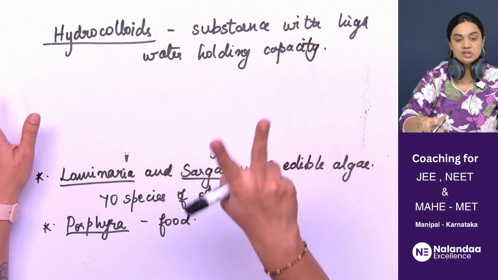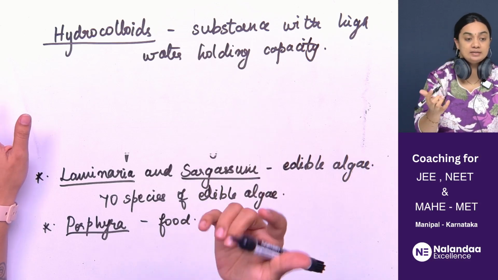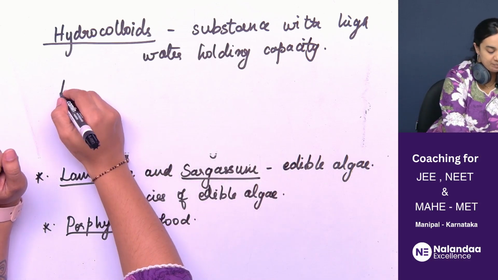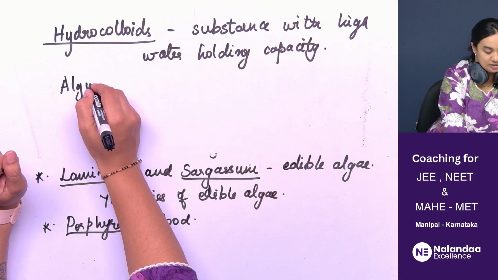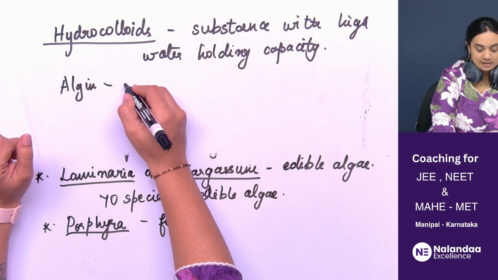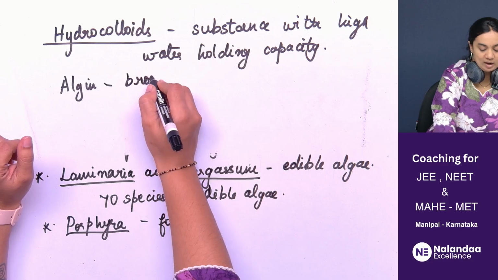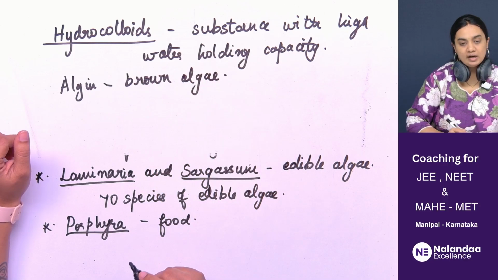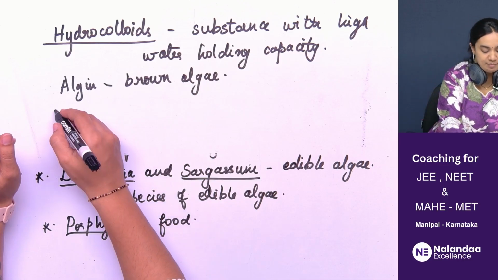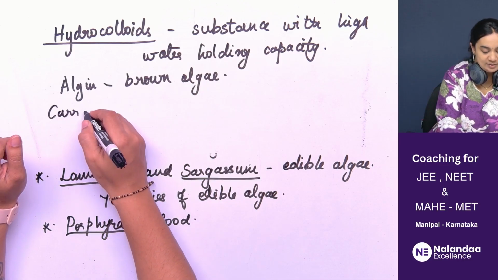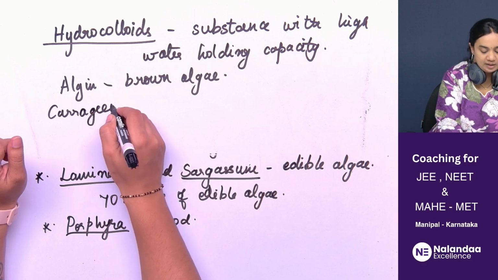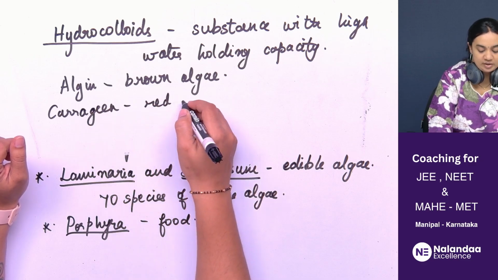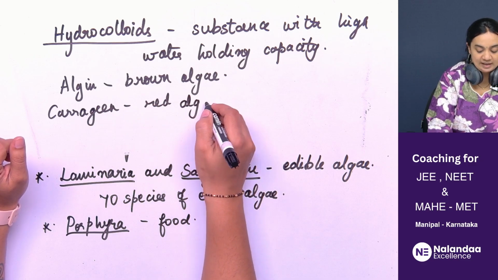and we have two such hydrocolloids that are extracted from algae. One is algin, that is from brown algae. Algin is a hydrocolloid that is obtained from Phaeophyceae members. The other one is carrageen, which is extracted from red algae, Rhodophyceae.